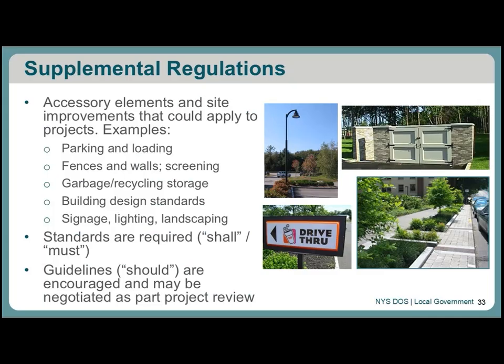So things like parking and loading, maybe lighting for safety, or things to support community character, like the building design itself, if you have building design standards or guidelines in your community, and things like signage and lighting, so it just makes sense for people using the parcel after.